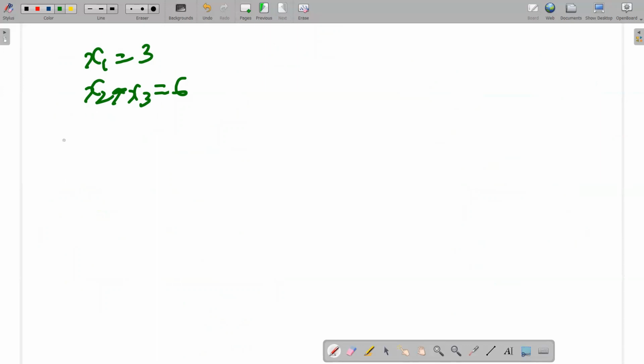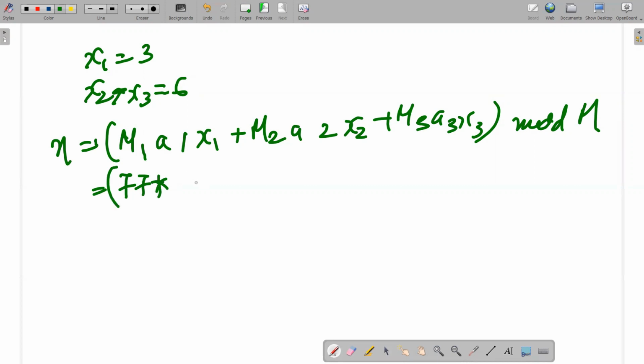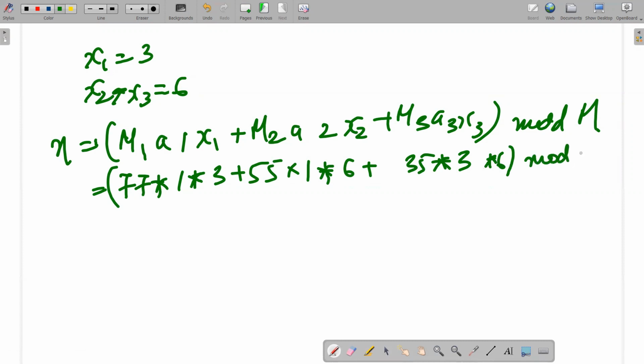Using the formula, n is equal to m1 a1 x1 plus m2 a2 x2 plus m3 a3 x3, mod capital M. So we take 77 multiplied by 1 multiplied by x1, which is 3, plus 55, where a2 is 1 and x2 is 6, plus 35 multiplied by 1 multiplied by 6, mod 385.